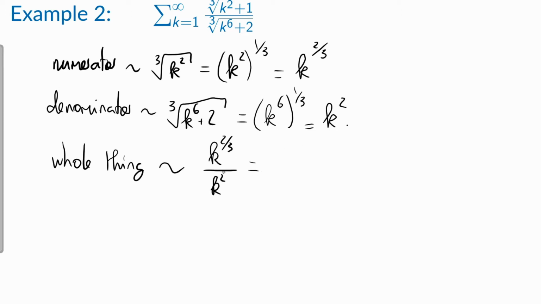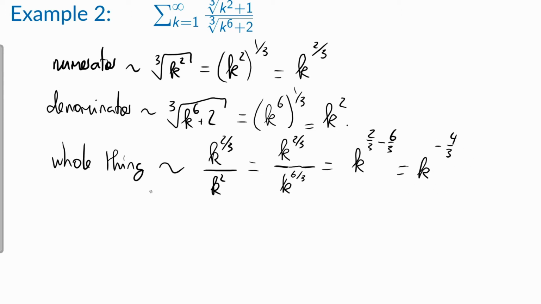Writing the squared as 6/3, that's k to the 2/3 minus 6/3, so that's k to the minus 4/3.